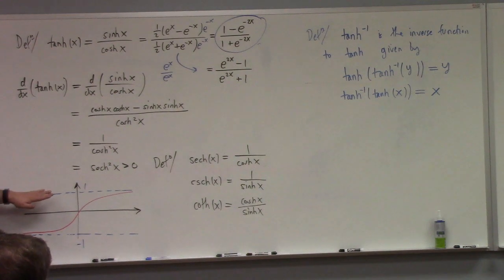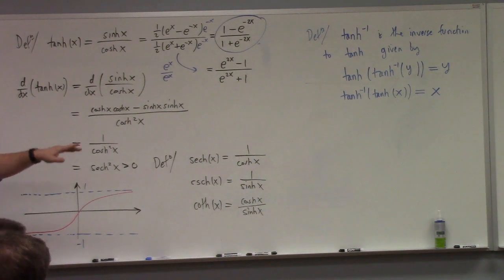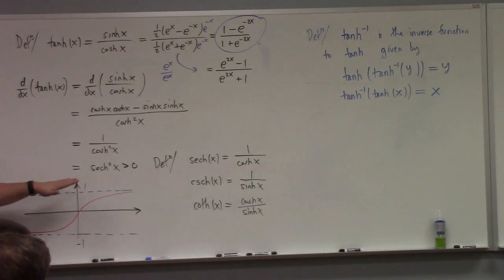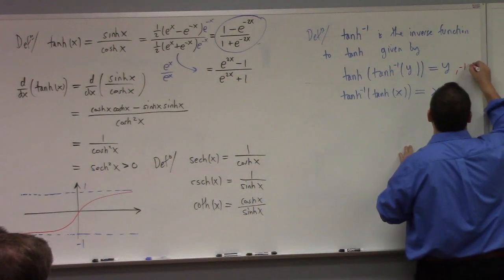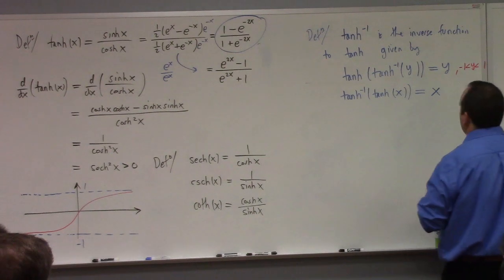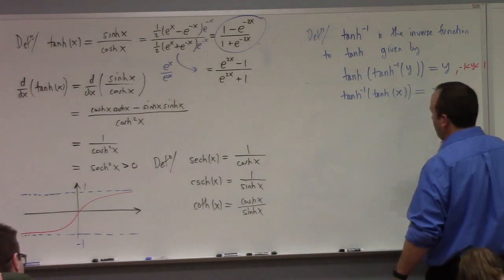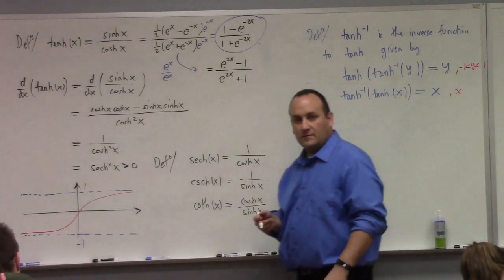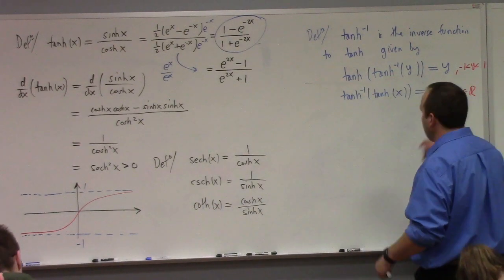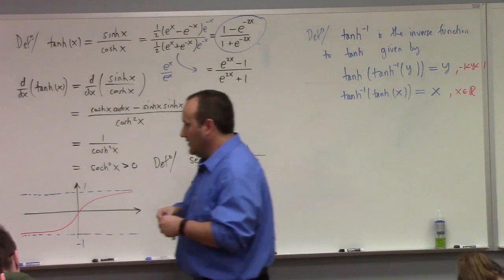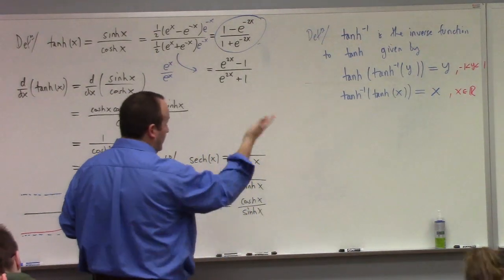Negative 1 to 1. So the y should be between minus 1 and 1. All right? But here, x is where? What can x be? Right, x is anything. Just a real number. So that's the definition of inverse hyperbolic tangent.